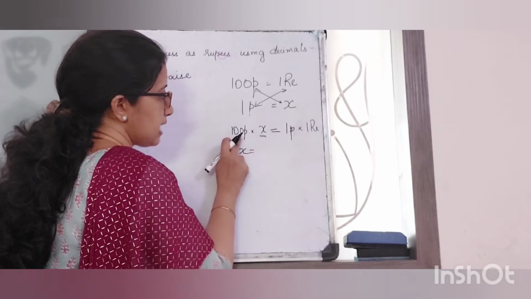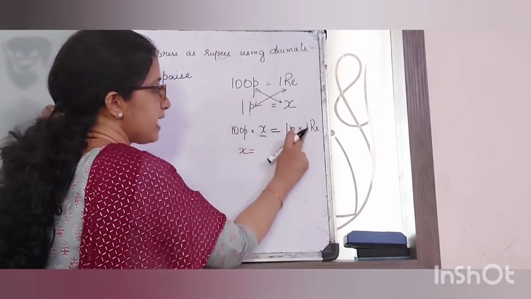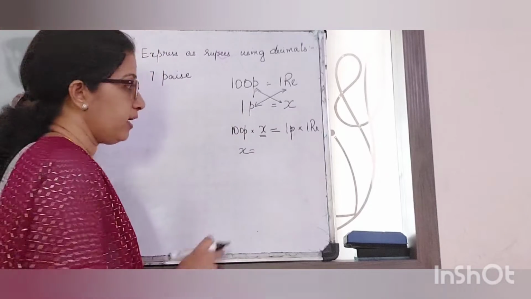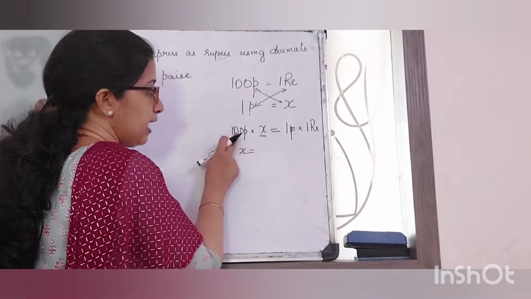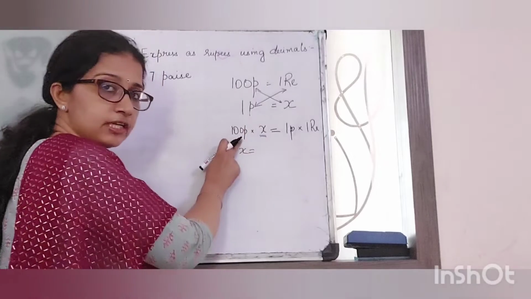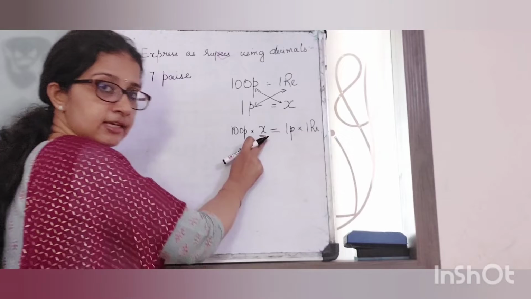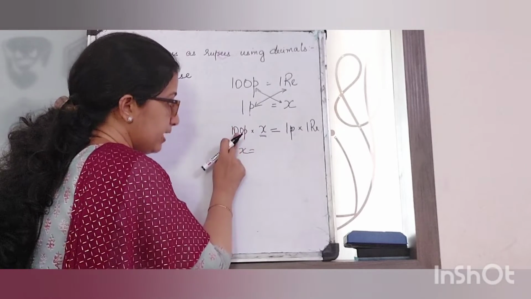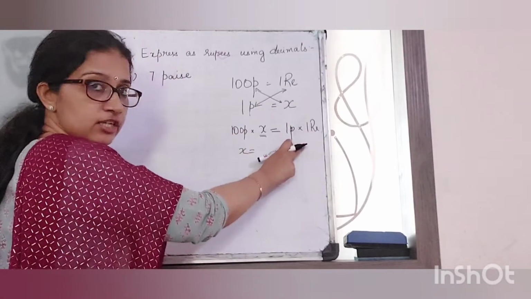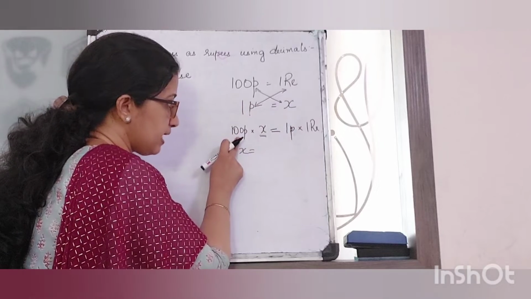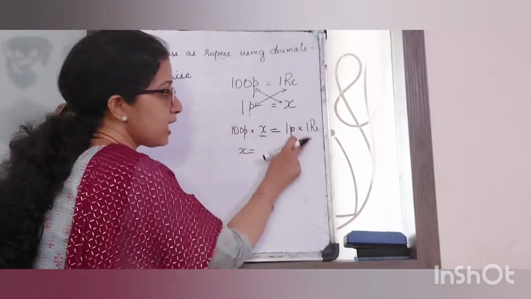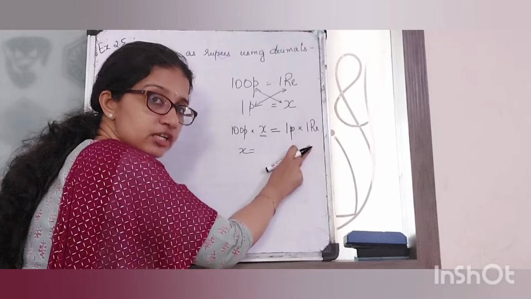We have to take this 100 paise to the other side of the equation. When 100 paise is on this side, we are multiplying it, 100 paise into x. Whenever we take it to the other side, a multiplication sign becomes a division.